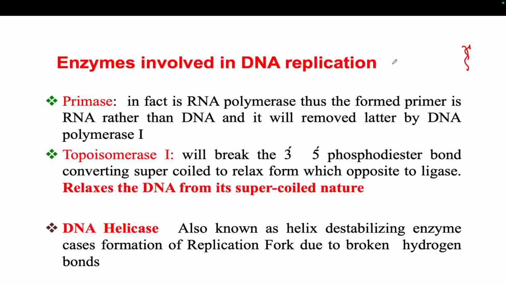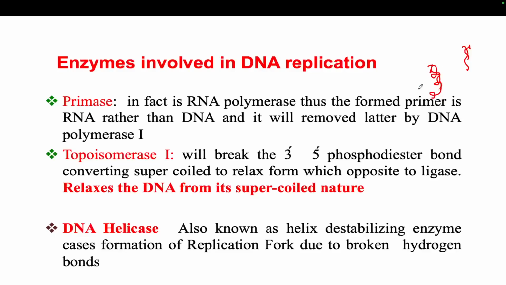Okay, suppose this is a very tangled form. What this topoisomerase 1 will do is break a single strand present in the double helix form, right? So it will break a single strand so that the supercoiling will be reduced, and it can form the relaxed form of this DNA.